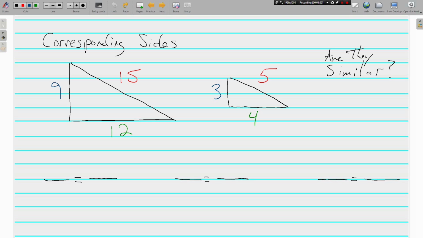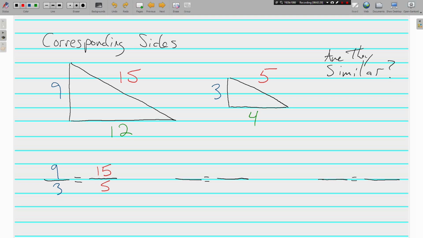Now, to find out if the triangles are similar, we have to determine if the corresponding sides are proportional. So we're just going to check all of the pairs of corresponding sides to see whether or not they are proportional. I'm going to compare the blue sides to the red sides.